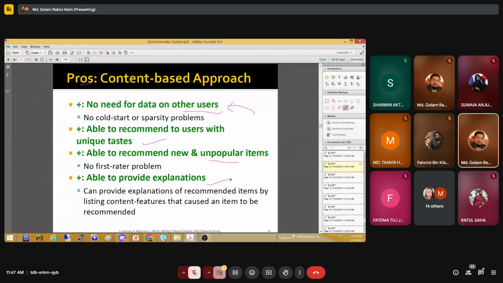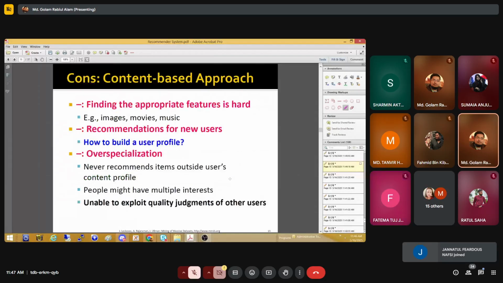Then what are the cons here? The con is that finding the appropriate features is hard. We need to find similar items, which means we have to find the features of each and every item, and finding the features is difficult. So this is one of the cons of content-based recommendation systems.